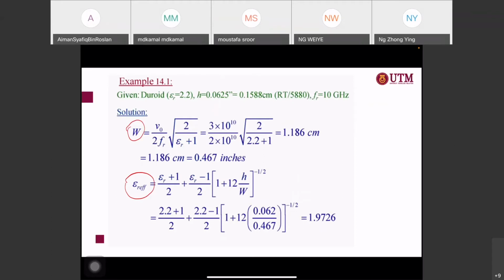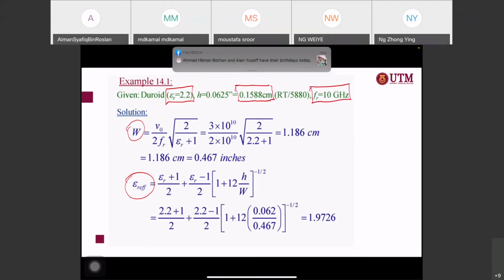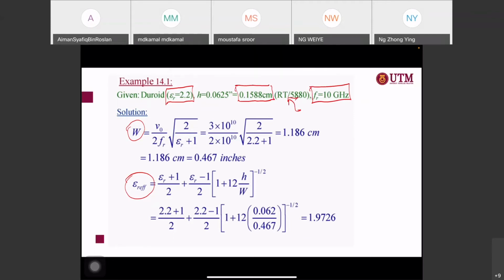For example, you are given a Duroid with epsilon R of 2.22 and a thickness. We take consideration in terms of the metric system because in the US sometimes they are still using feet and inches. The resonant frequency is 10 gigahertz. So this is the RT Duroid 5880.